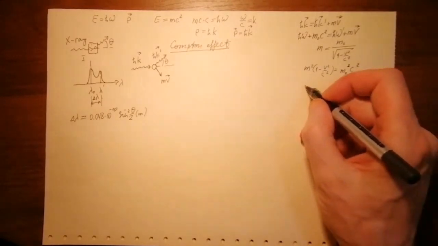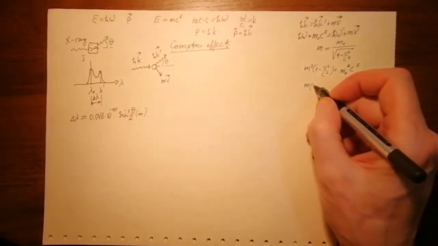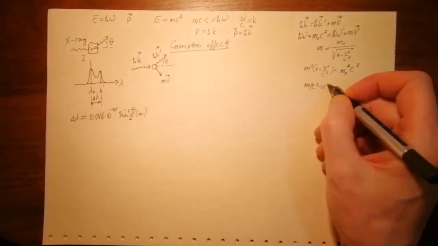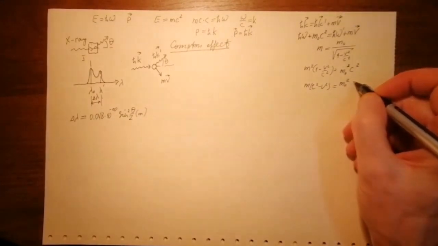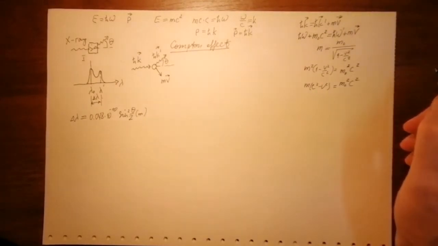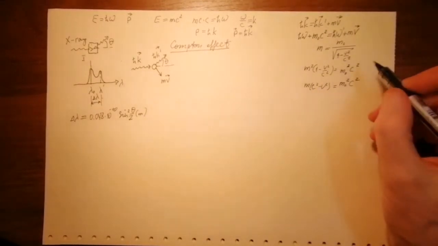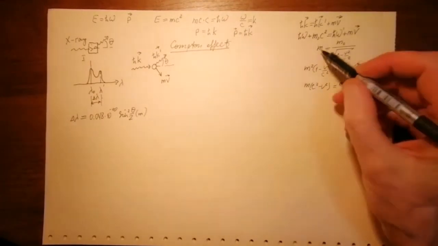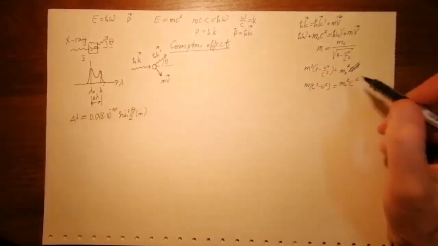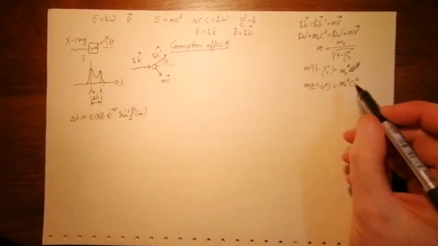Finally, we can rewrite it as m squared c squared minus m squared v squared is equal to m0 squared c squared. Okay, now it is correct.